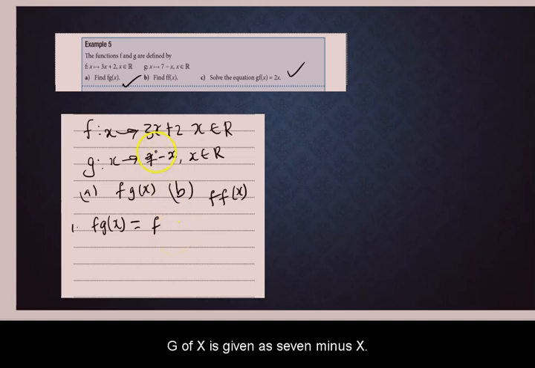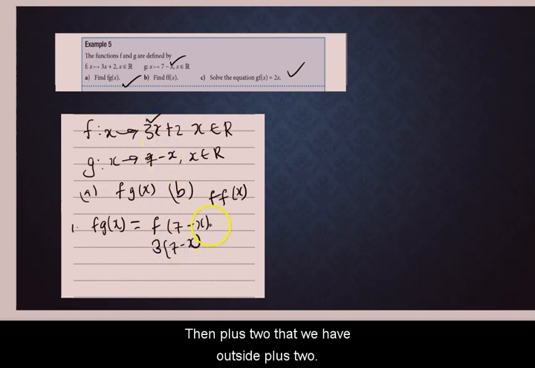G of x is given as 7 minus x. And what is our f? It is simply 3 times our x, which is already 7 minus x, because we have 3x. So we have 3 into 7 minus x, then plus 2 that we have outside.